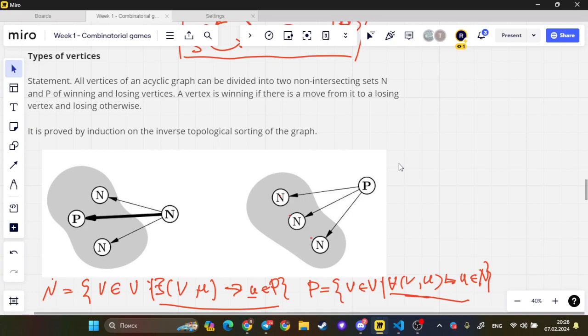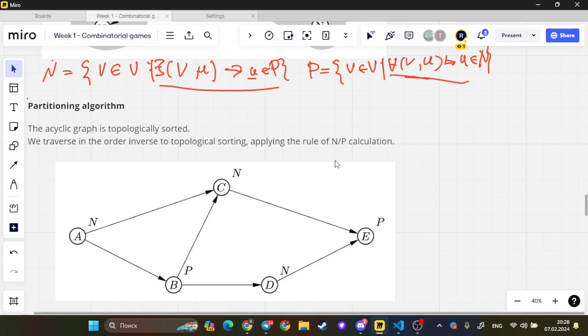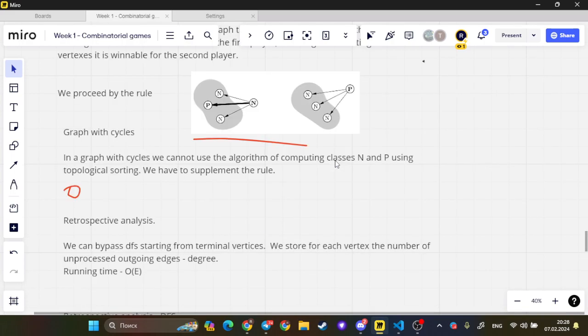In the previous part, we reduced all the combinatorial games to games on a graph and showed that in this graph we can win, but we didn't discuss how to win as quickly as we can.